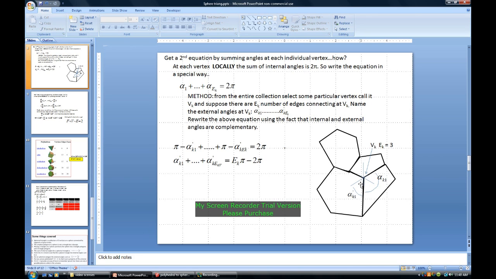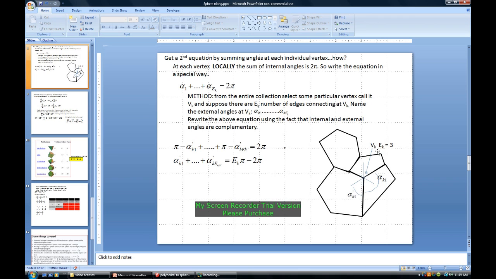We can change that to a relationship for the external angles by noting that the external angles are just the complement of the internal angles. So we can write pi minus alpha k1 plus all the way up to pi minus alpha k sub ek, where ek is the number of edges that come into that particular vertex.